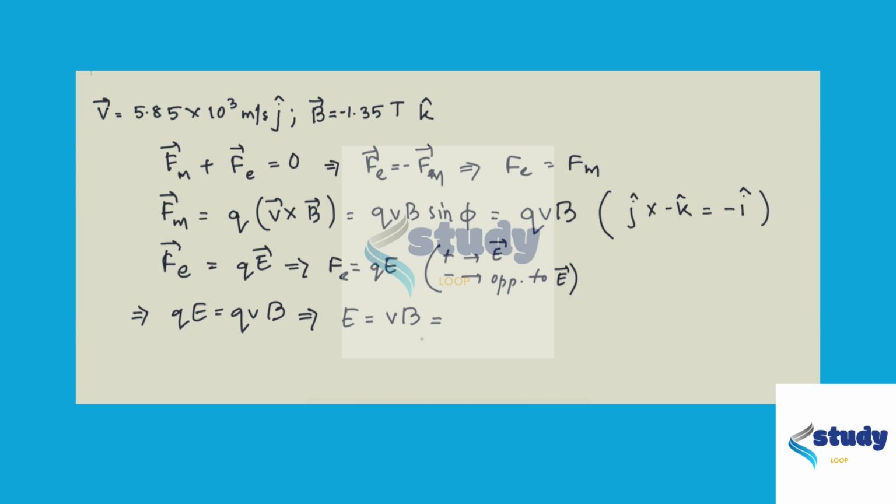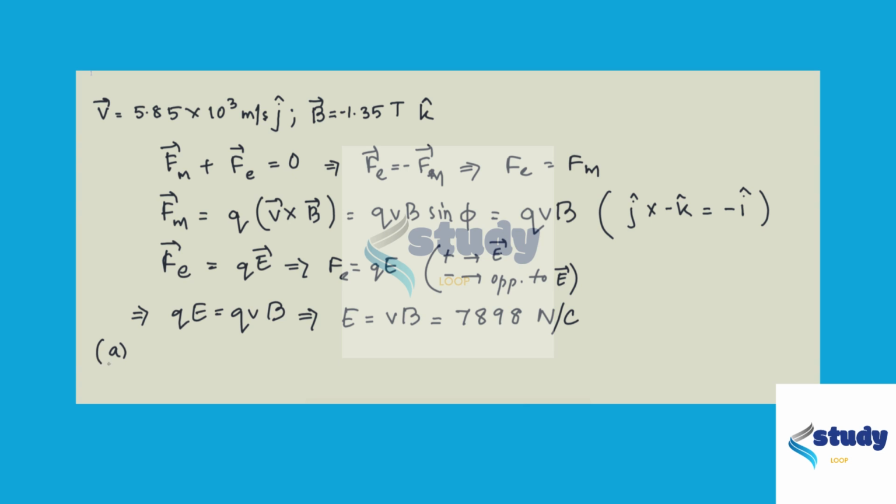Notice that we have already taken this negative sign into account over here. So now you just need the absolute value of the magnetic field. We do that and we find the magnitude of the electric field to be 7898 Newton per Coulomb.